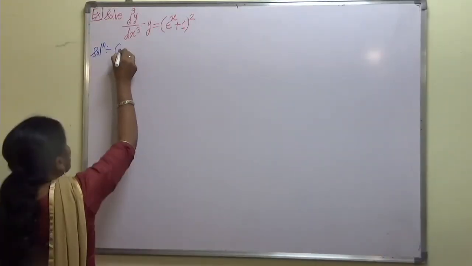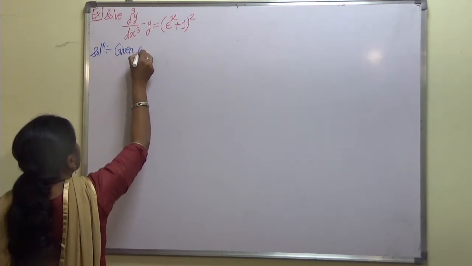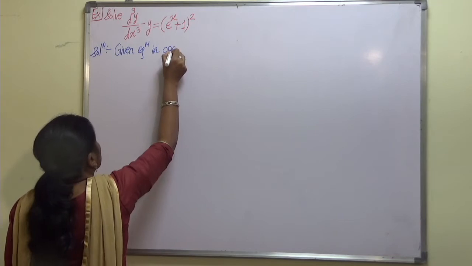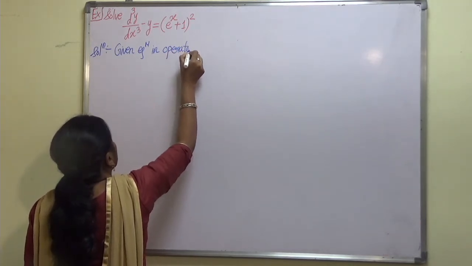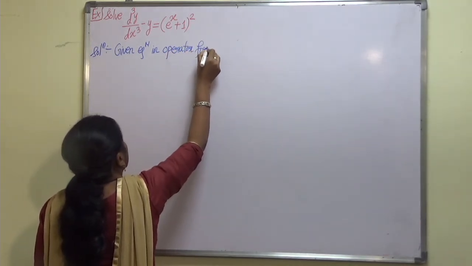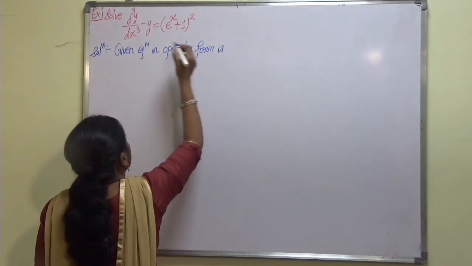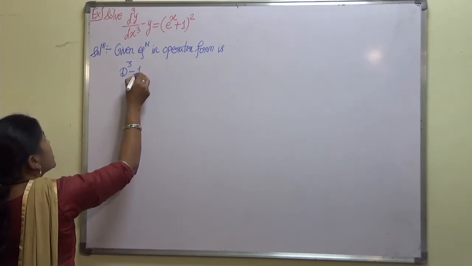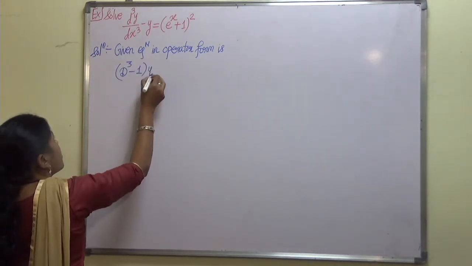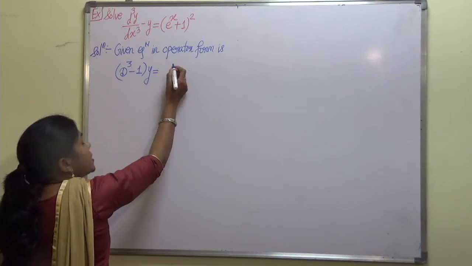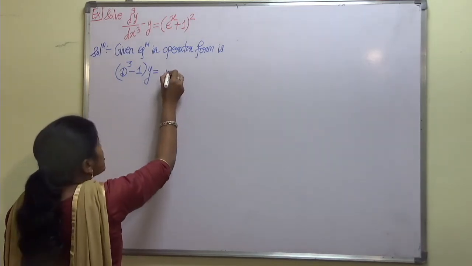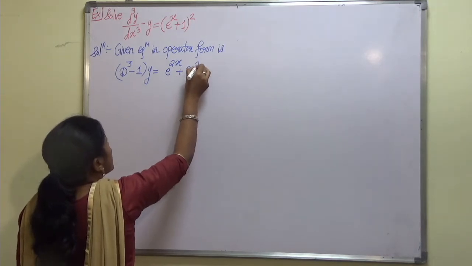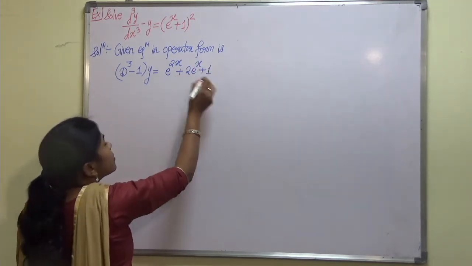So the given equation in the operator form is, it is as it is the third derivative, so we have (D³ − 1) operating on y equal to (e^x + 1)², which can be written as e^(2x) + 2e^x + 1. Just expand, okay, you will get this form.